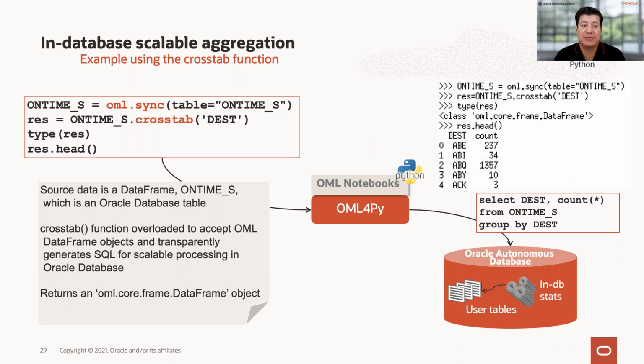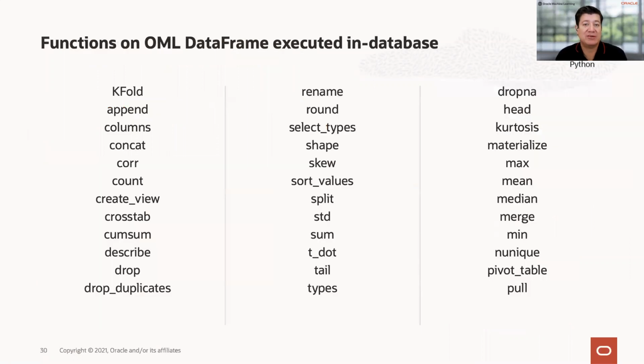The type of the result that you created is an OML core frame, a data frame, and then you see the quick response there. So just like that, we have all of these other functions available for OML for Py. All of these functions are available in the environment for you to use transparently.